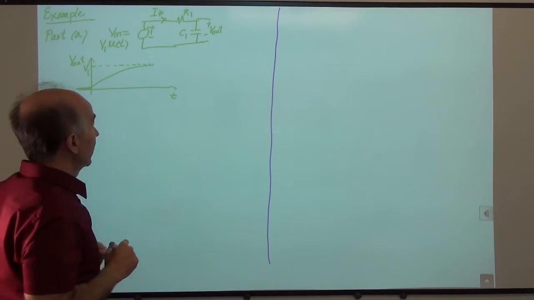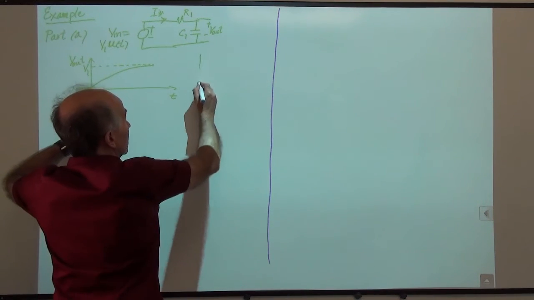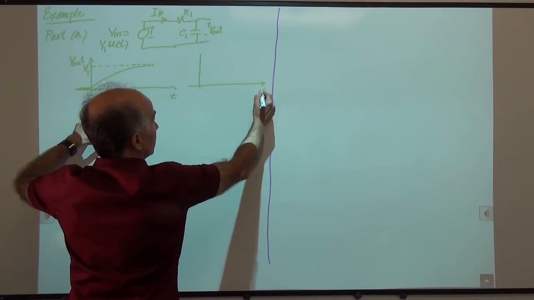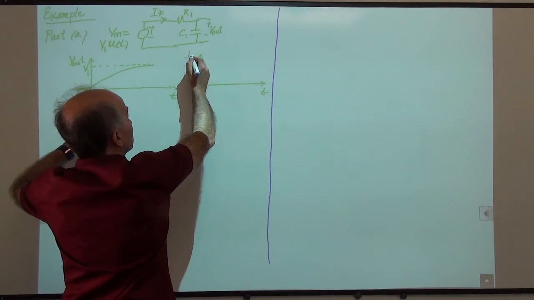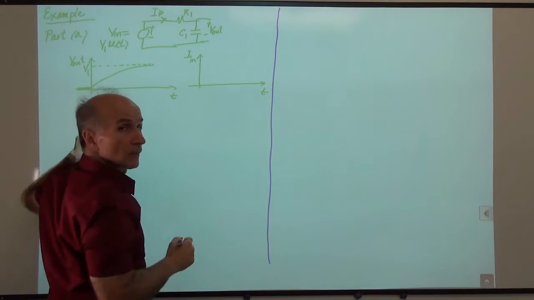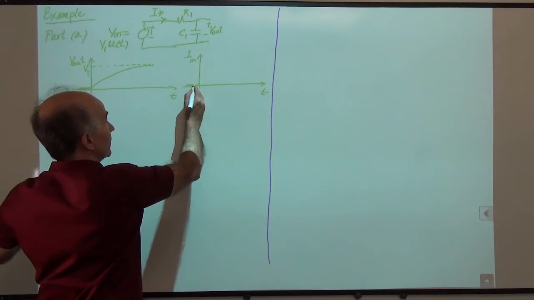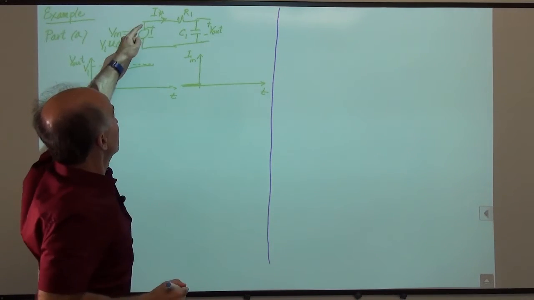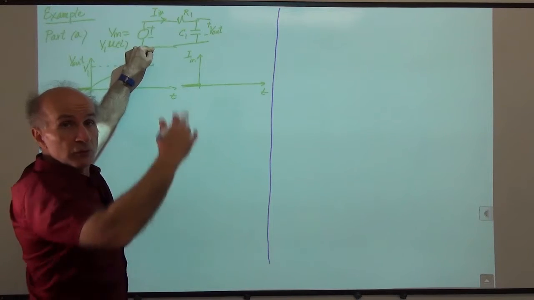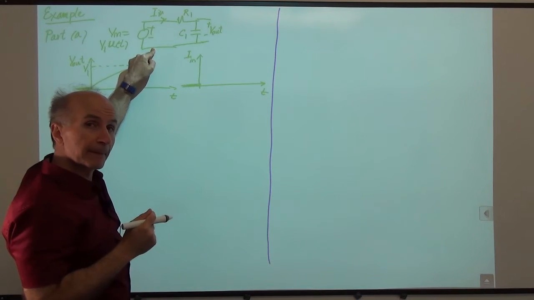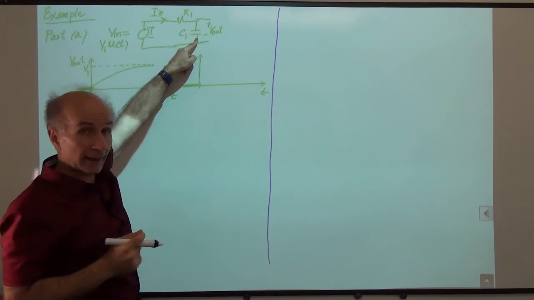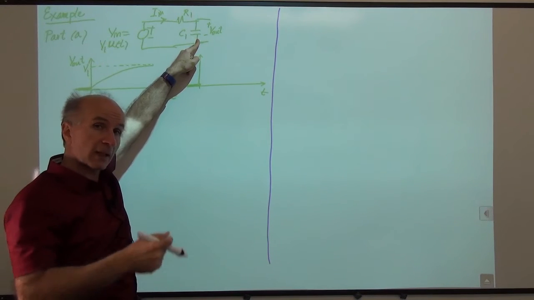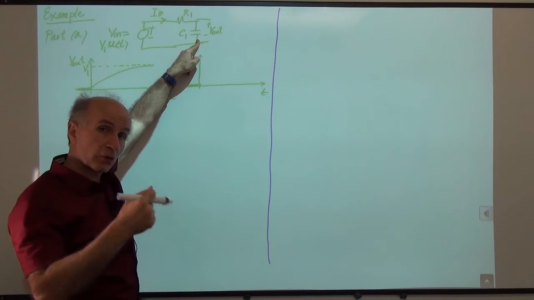All right? And the current, I in, as a function of time, what does it look like? Okay, so it's 0 before time 0. When we apply this step, this voltage with respect to here jumps to V1, right? And this capacitor acts as a short circuit because there's not infinite current to charge it.